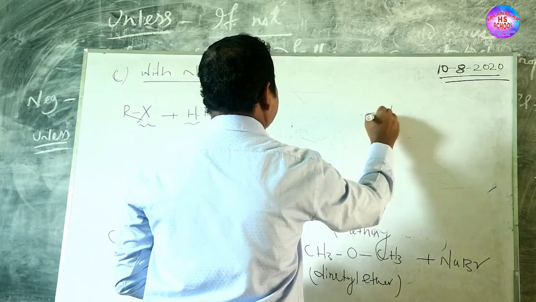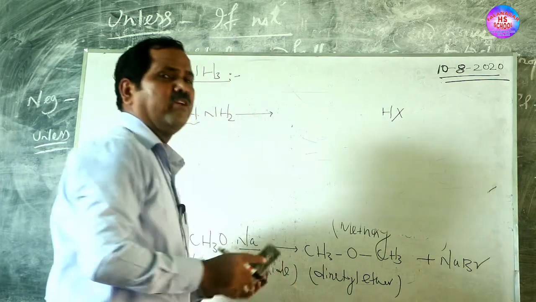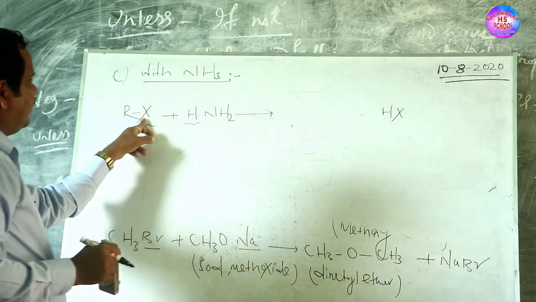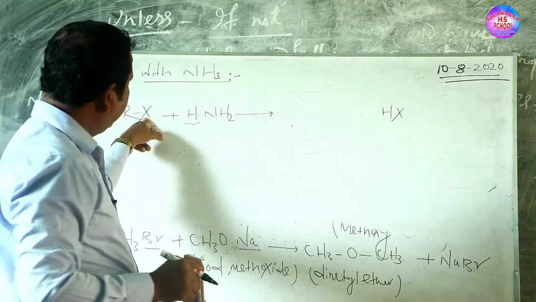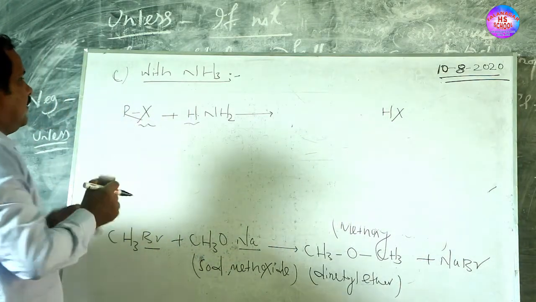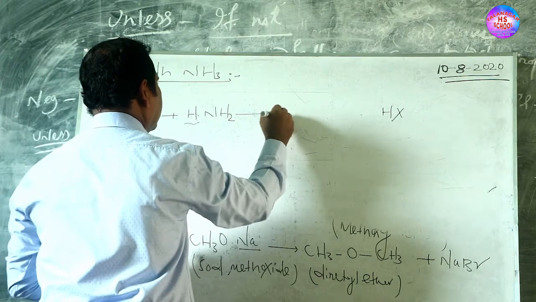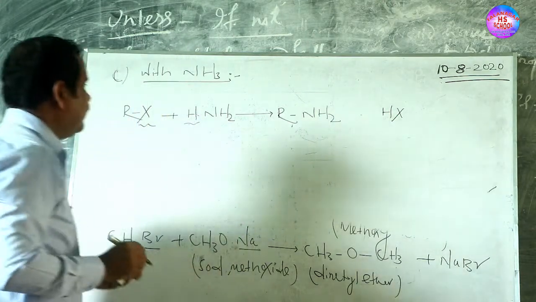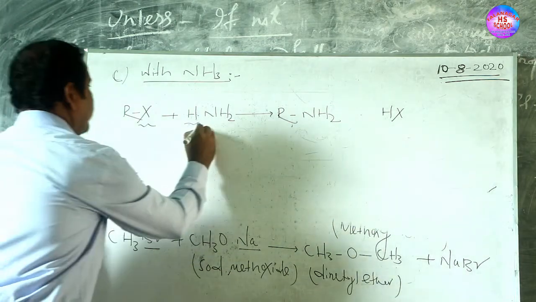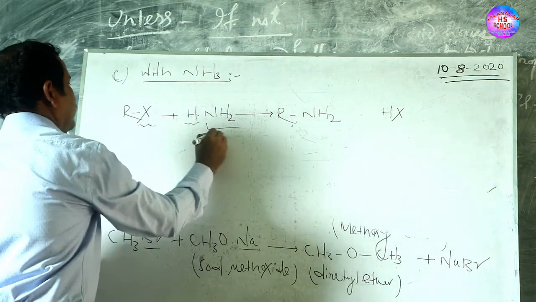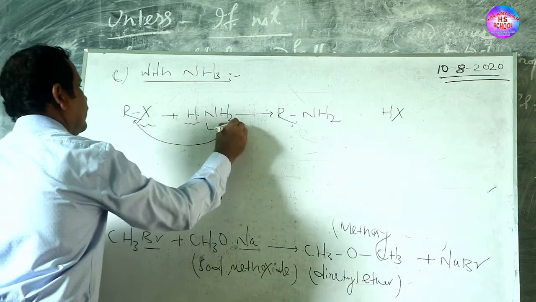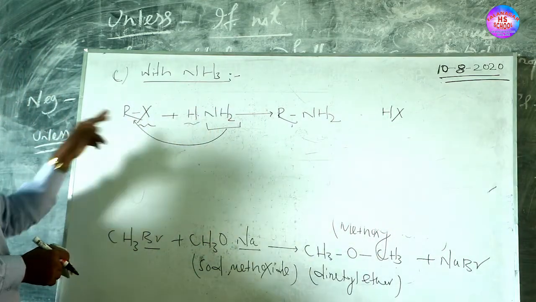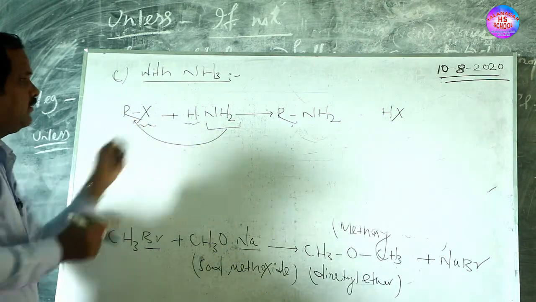So we get HX, the halogen acid. If X equals chlorine, HCl. If X equals iodine, HI. And R NH2: this NH2 group will be bonded to this R. HX plus R single bond NH2.